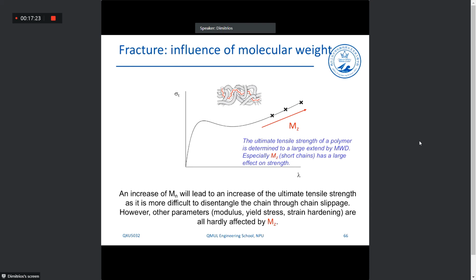So the Z average molar mass, which has to do, I repeat for the hundredth time, with the length of the chains.